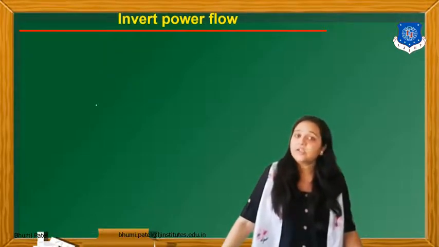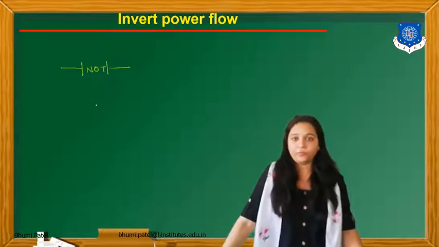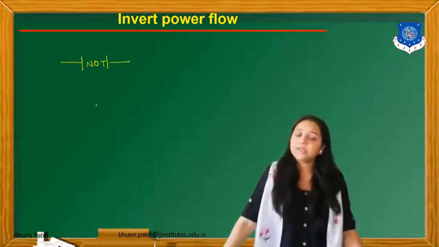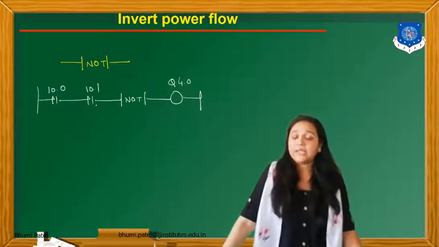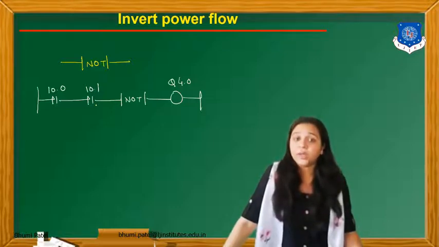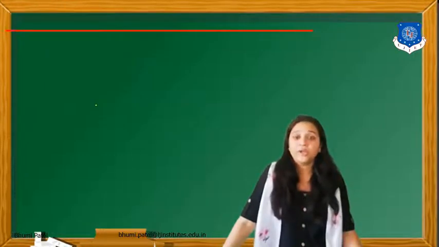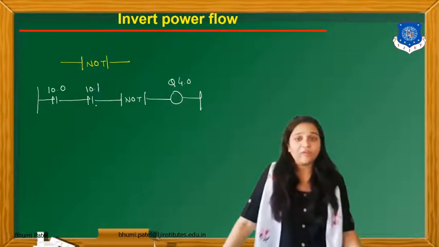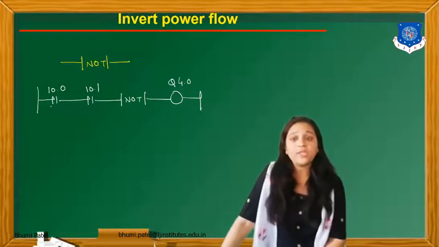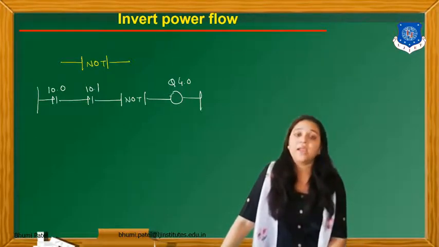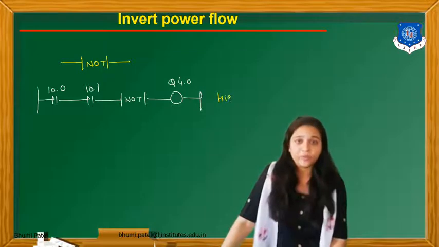Now the next one is the invert power flow. NOT is generally used for the invert power flow. Now this is the ladder diagram for the invert power flow. Here you can see that we connect two inputs, after that we connect the invert power flow, and then we connect the output. Now what is the application of the invert power flow? Here if both the inputs are high, we get the output as high.